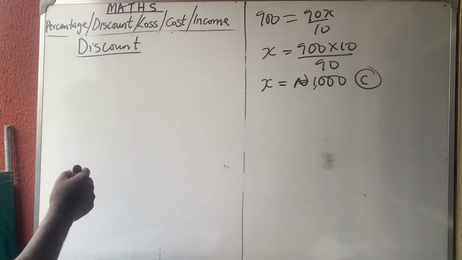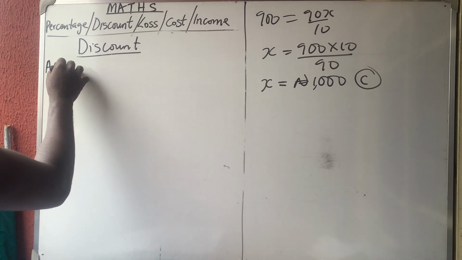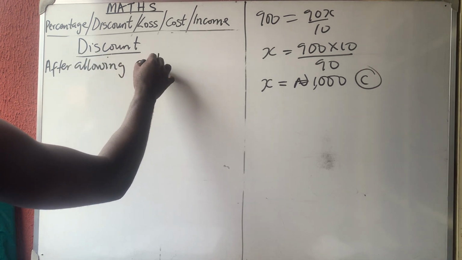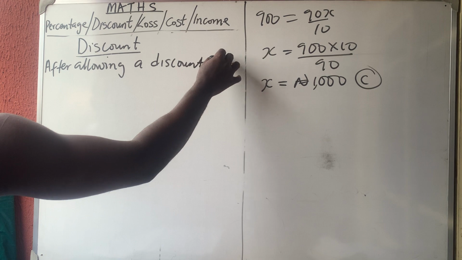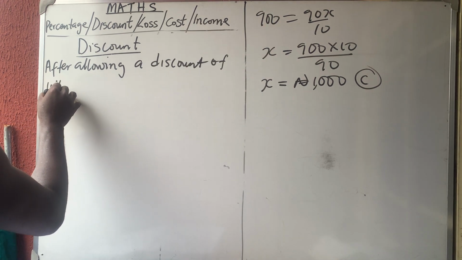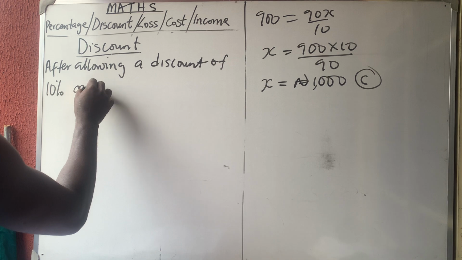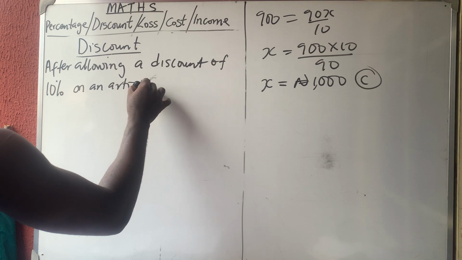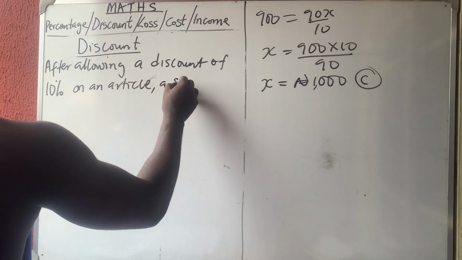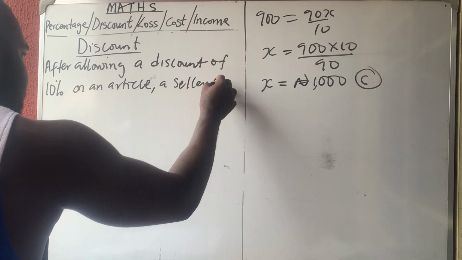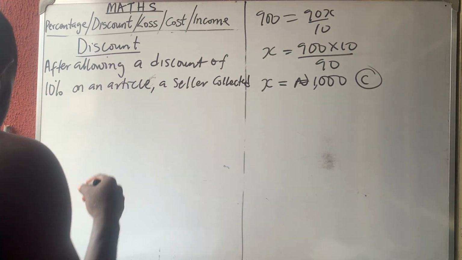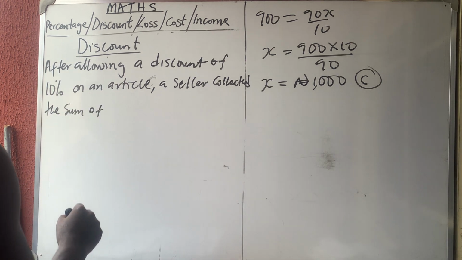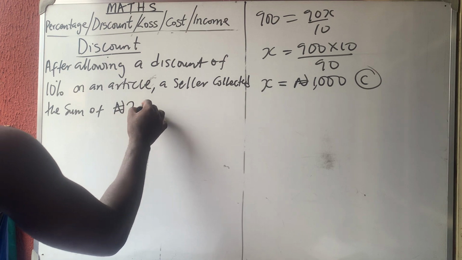All right. The next question said, after allowing a discount of 10% on an article, a seller collected the sum of 2700 naira.